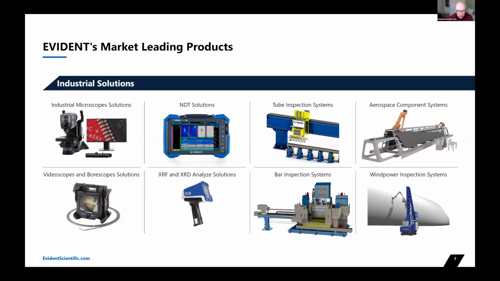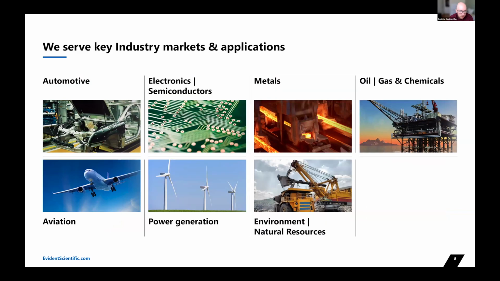Just to give you an idea of the wide range of products that we have. As I was mentioning, we cover different industries from automotive to power generation and oil and gas, everywhere the inspection and control of infrastructure is key and vital to ensure the security and safety of those infrastructures.